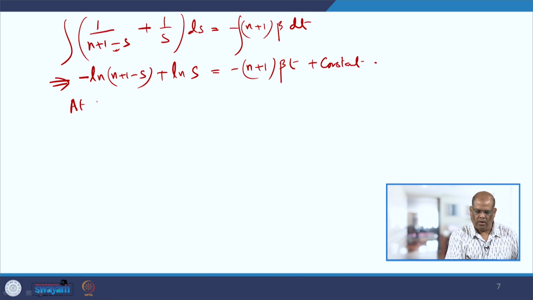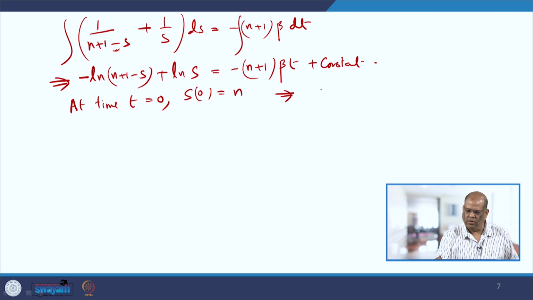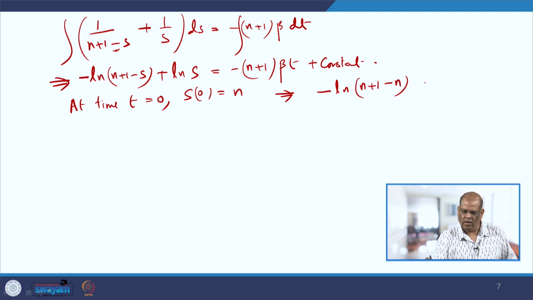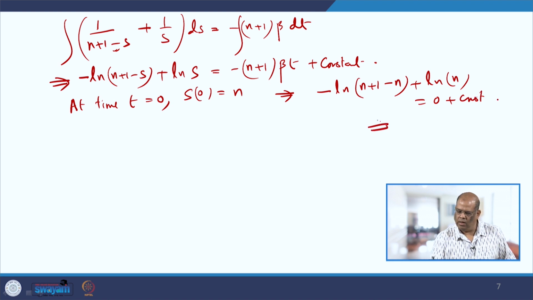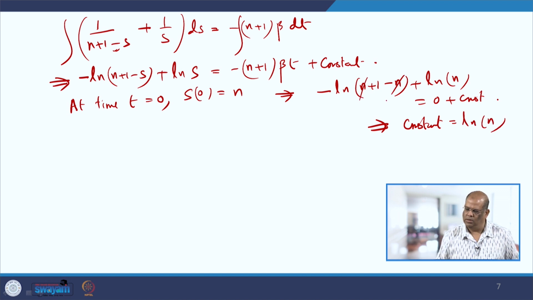So, at time t equal to 0, your S0 equal to n, and this gives minus ln(n plus 1 minus n) plus ln n equal to 0 plus constant, and this implies constant is equal to ln n because this gives you log 1, which is 0.